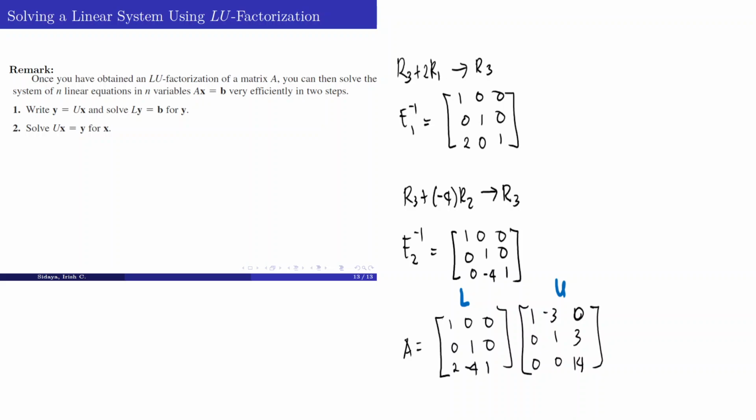Also, once you have obtained an LU factorization of a matrix A, you can then solve the system of n linear equations in n variables Ax equals b very efficiently in 2 steps. So first, you write y equals the upper triangular matrix times x and solve Ly equals b for y, where L is the lower triangular matrix. And then for the second step, you solve for x in the equation Ux equals y.